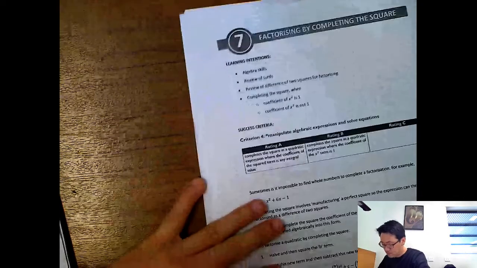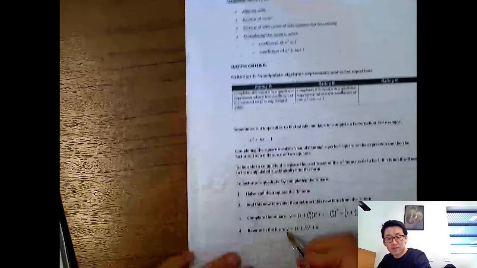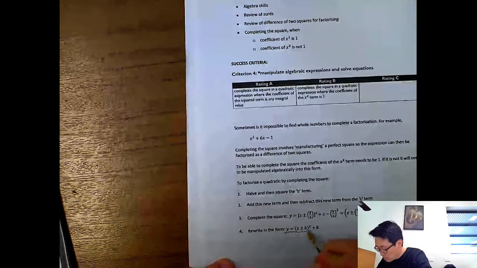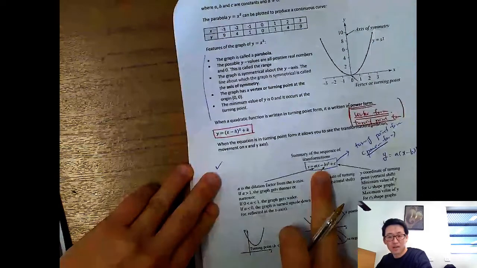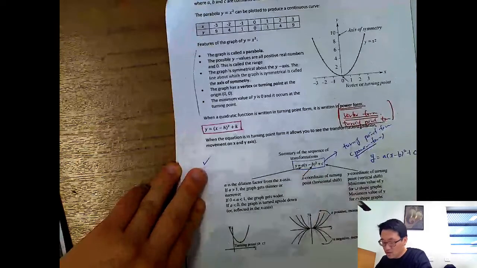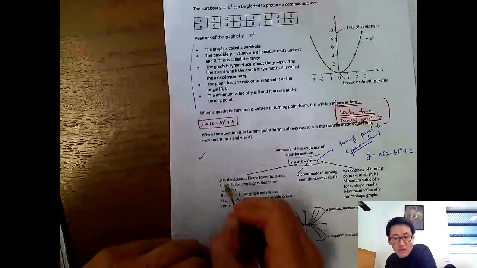Yeah, here. Y equals (x plus or minus h) squared plus k. That exactly looks like what we have here. They just use different letters for the coefficients. So let's check one by one.